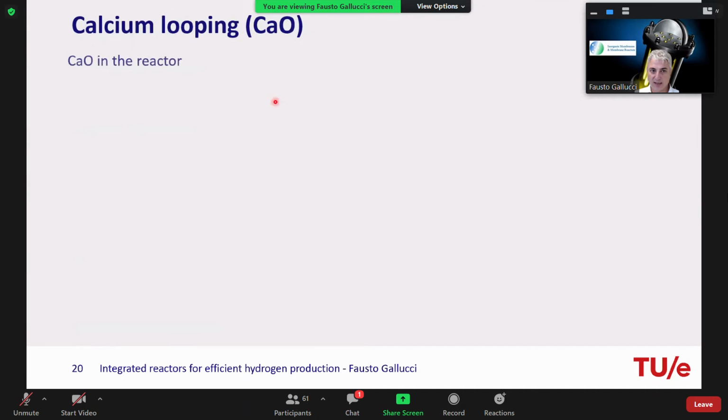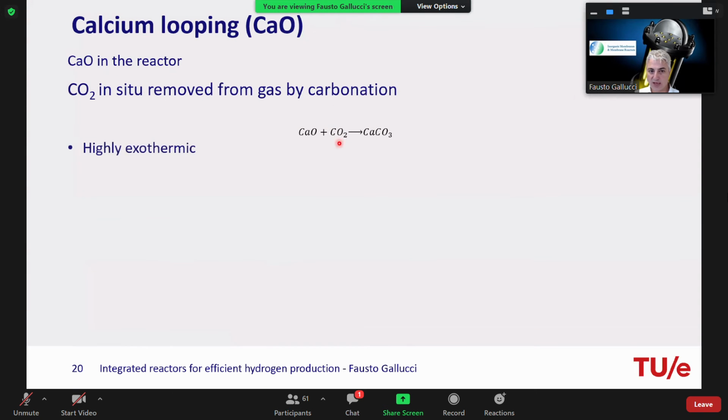So you take calcium oxide, reacts with CO2 to produce calcium carbonate. This is a highly exothermic reaction. So it's also helping you, because the heat that is produced by this is driving the steam reforming. So in total, you have an energy neutral reaction, and this is the total reaction.